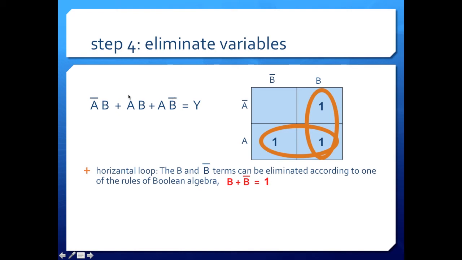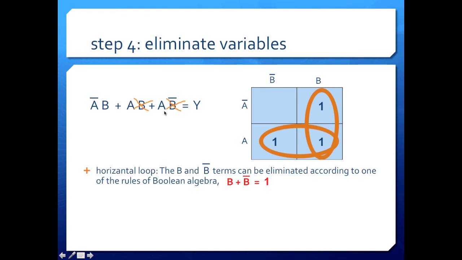So if I was to take this part of the expression and factor it, taking the A out so that I had B plus B naught, that part would be eliminated because it's simply 1, and I would end up with A. Okay, so you can see that A right here is what I'm left with.